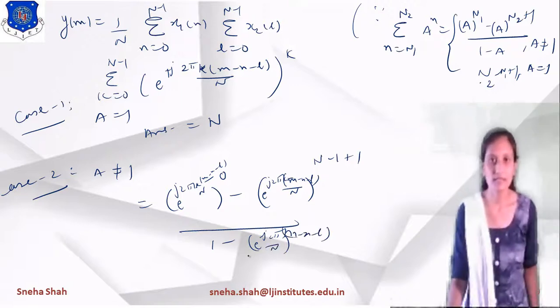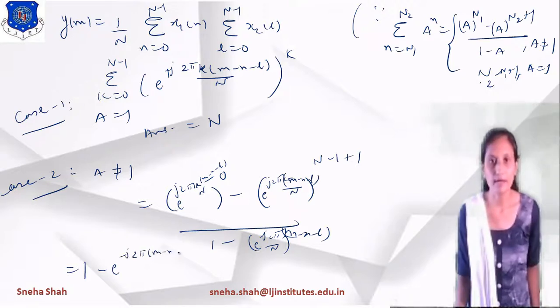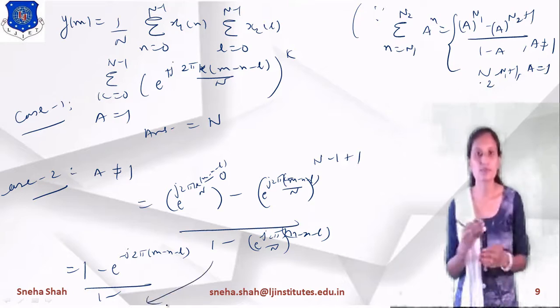So if I am simplifying this, the value of any term raised to 0 means 1. The value of this equals N minus 1 plus 1, meaning N, and N will be cancelled out. So this term will be represented as e raised to minus j 2 pi (m minus n minus l) divided by 1 minus this term, right? Now you can see e raised to minus j 2 pi (m minus n minus l).